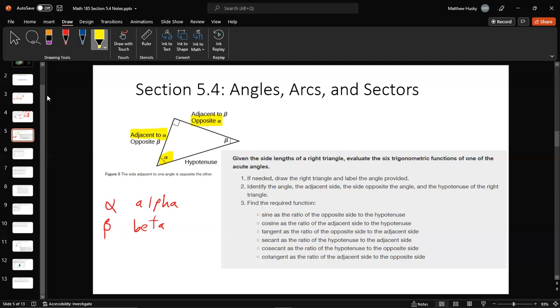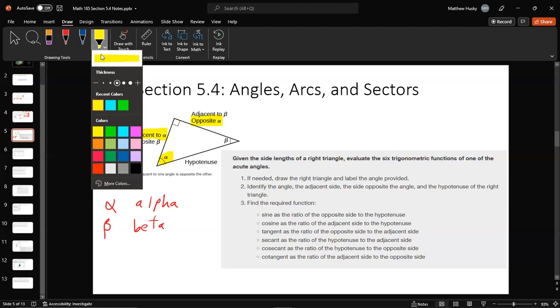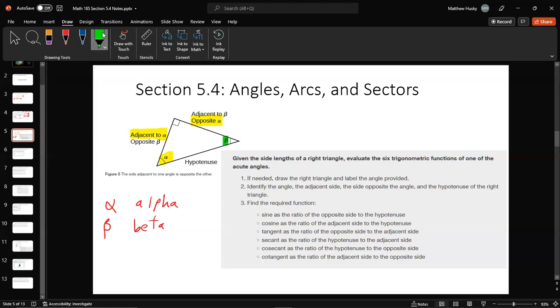The hypotenuse is the same no matter what you do, because the hypotenuse is always across from the right angle. And the moral of this story is that, let's do, I don't know, green. This right here is angle beta, which is the other angle over here. If you go across from beta, there's this side, which is the opposite of beta.